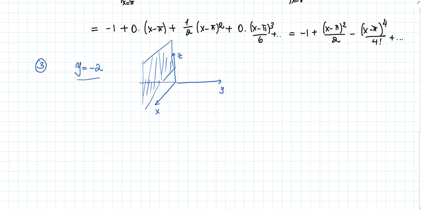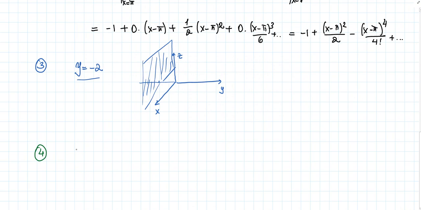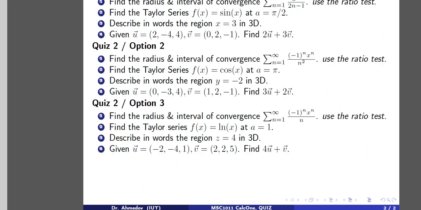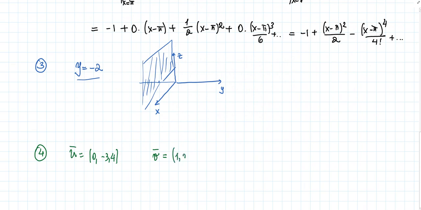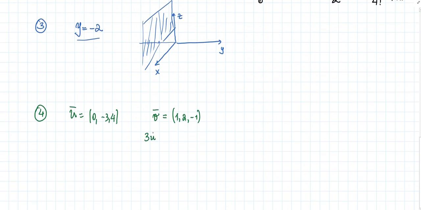Okay? So question number 4. We're given two vectors, u is equal to (0, minus 3, 4), and v is equal to (1, 2, minus 1). And we need to find a vector which is equal to 3u plus 2v, right? So yesterday we've learned that if you multiply a constant by a vector, it is going to be a vector again.